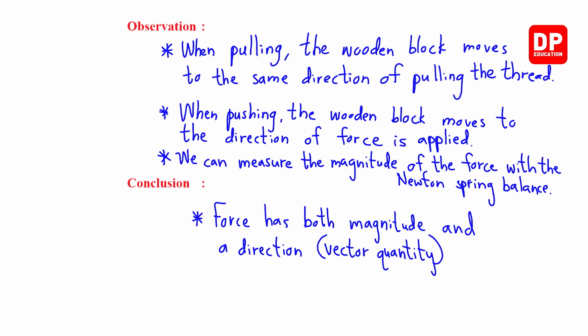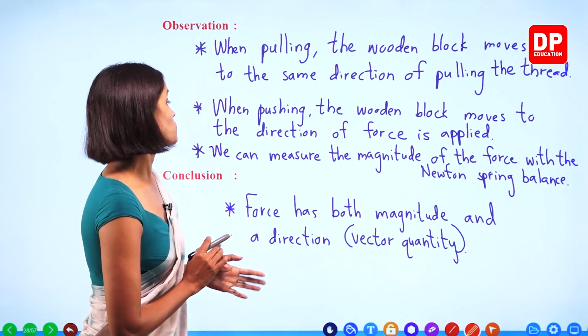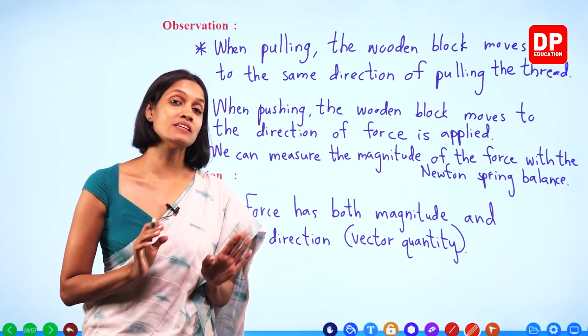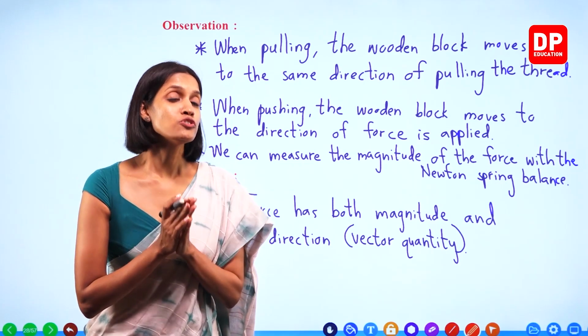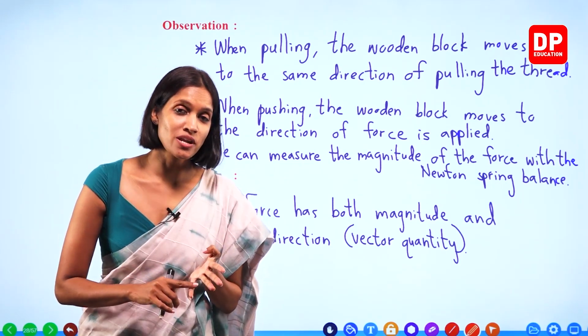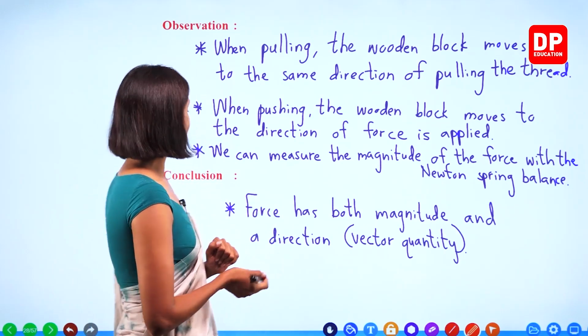Vector quantity. Okay? Force has both magnitude and a direction. So, under the lesson, now we know two quantities as vector quantities, displacement and force. Okay, children? We'll move on to the next.